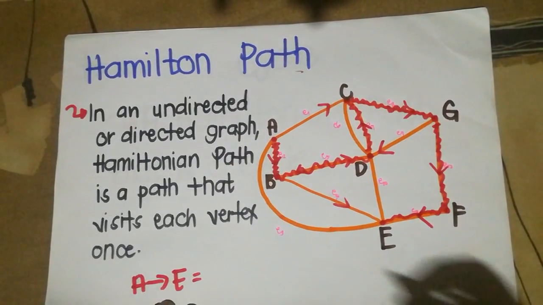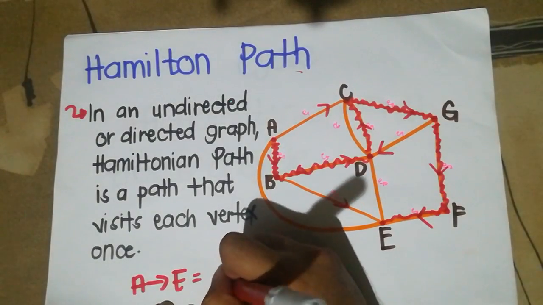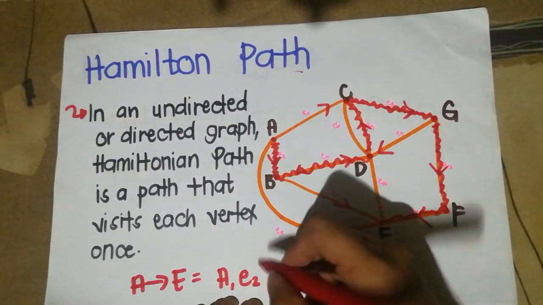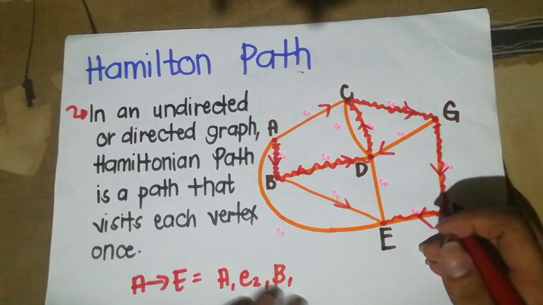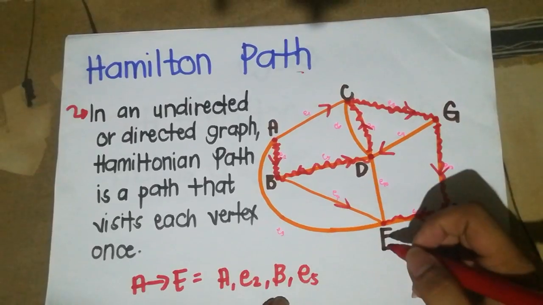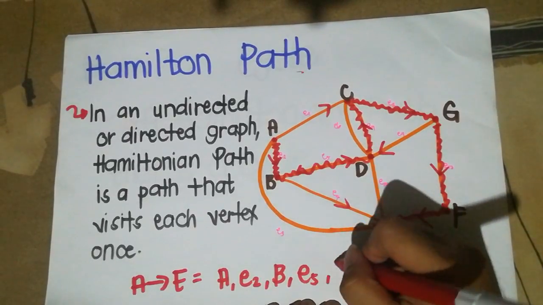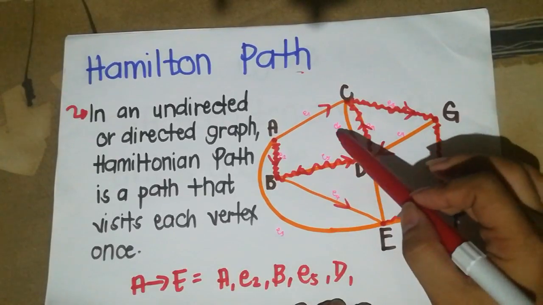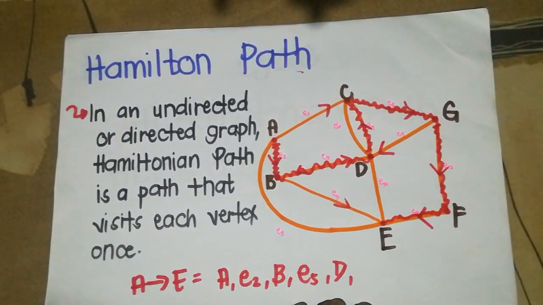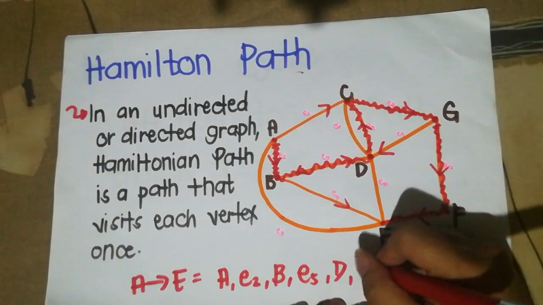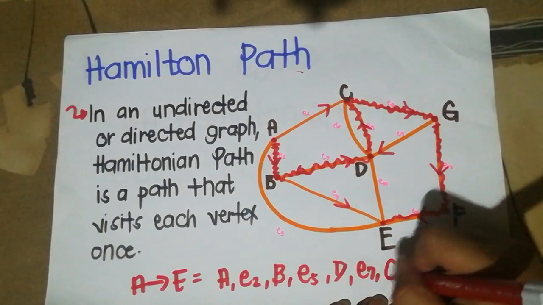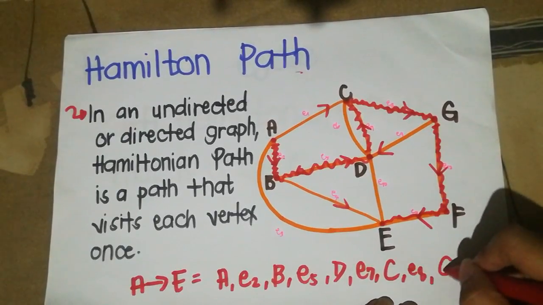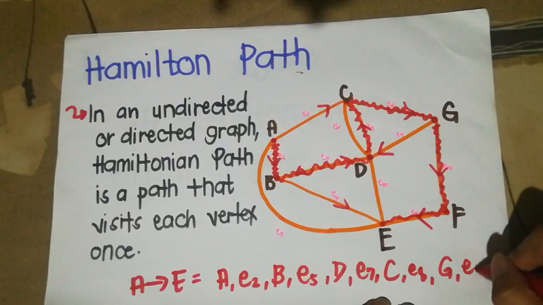So, from A to E, you can take vertex A, okay? And then you go with E2, and then B, and then from B to E5, and then from E5 to D, and then from D, instead of using E6, we are using E7, and then from E7 to C, and then from C to E8, and then from E8 to G, from G to E12.